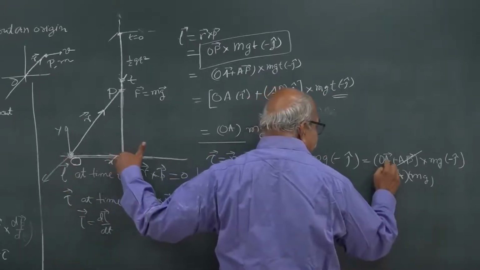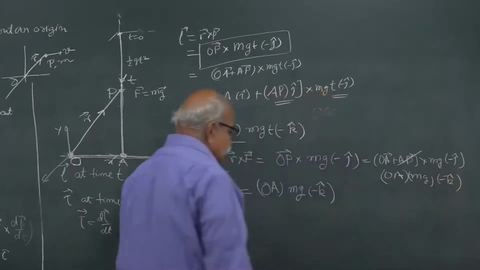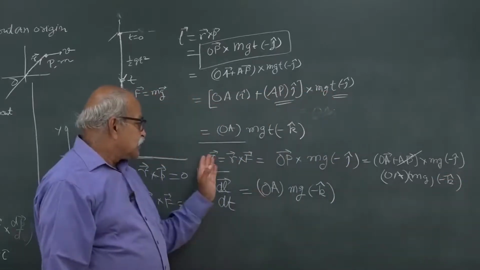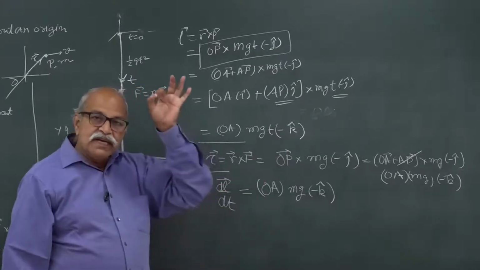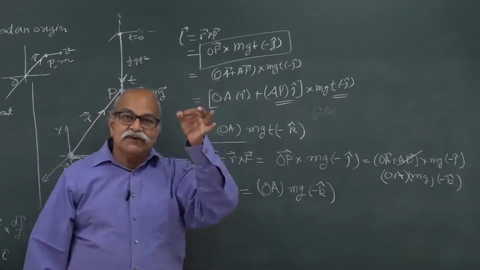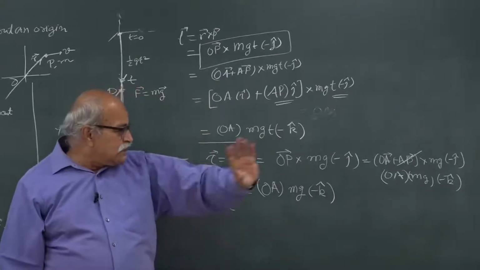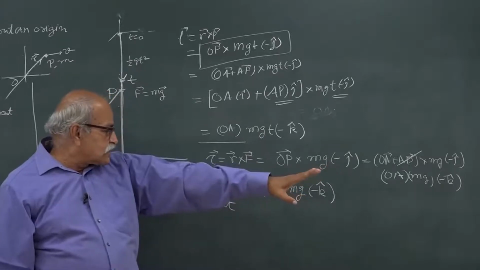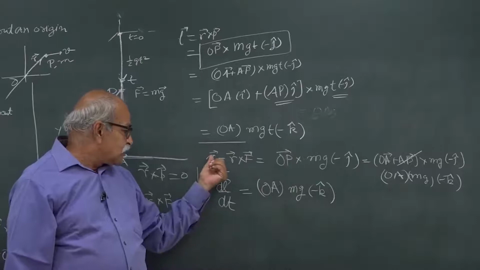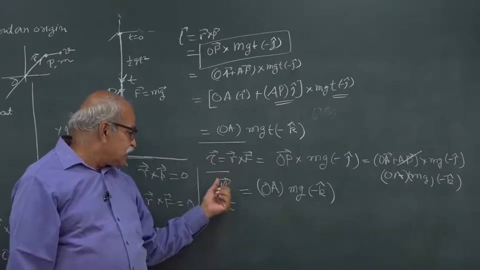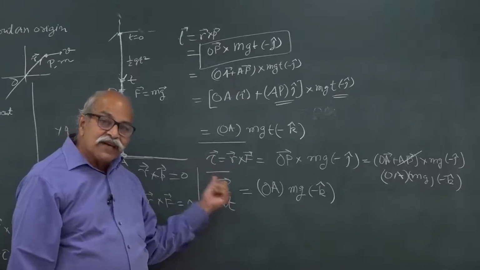So, x i cap and j cap is k cap. So, minus k cap, simple. Same as this, torque is same as this dL/dt. So, even for a particle which is falling vertically under gravity, if the origin is chosen in a certain way, you do have angular momentum, you do have torque, and then the rate of change of angular momentum is equal to torque. That equation is valid.